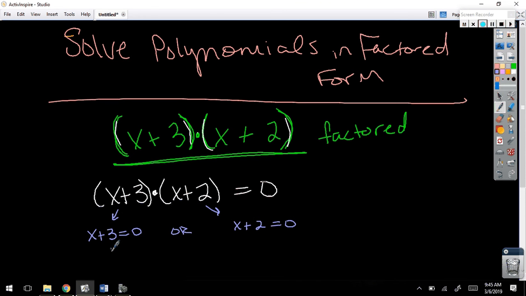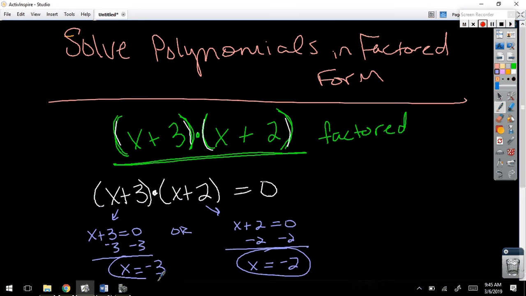And how do you get x by itself here? Subtract 3. And how about the other one? Subtract 2. This one has two answers. Those are the solutions. Those are what x equals.